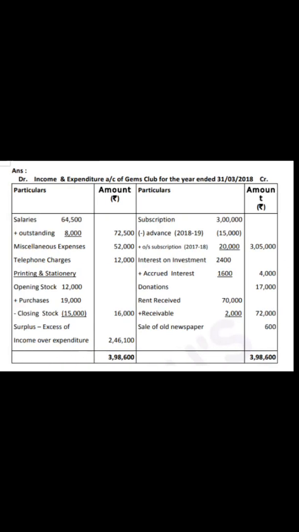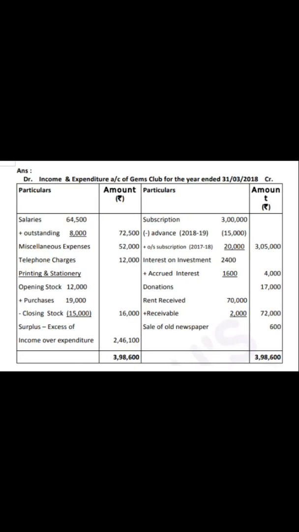So in the income and expenditure account on the credit side, while writing rent received of 70,000, we have to add the rent receivable of 2,000, that becomes 72,000.